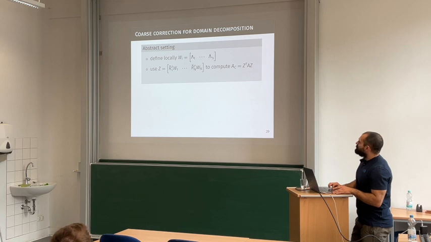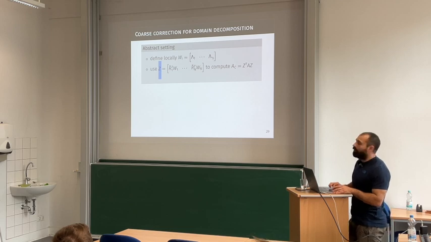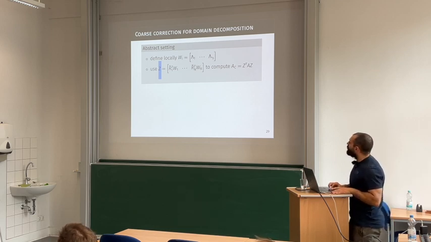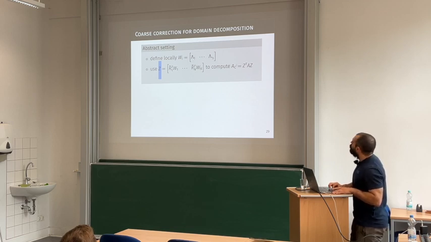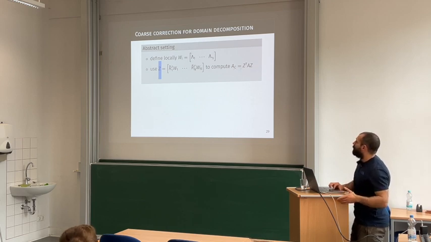Using this set of local vectors, you can then define a global matrix Z, which will be your prolongation operator. And then, just as for multigrid, you can define, using a Galerkin product, so the triple matrix product, a coarse operator, which this time is built algebraically from your vectors capital Lambda.